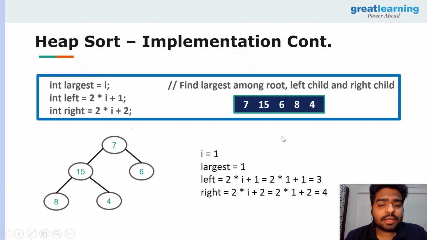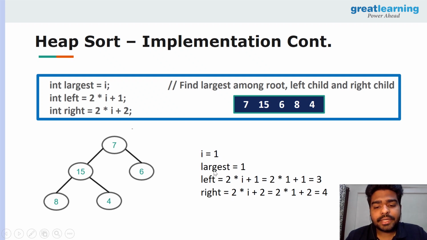Now, tell me one thing. When my I is 1, which is the element at index 1 in this list? This is index 0, this is index 1. So index 1 is 15. Largest equals 1, that means largest becomes 15 for now.